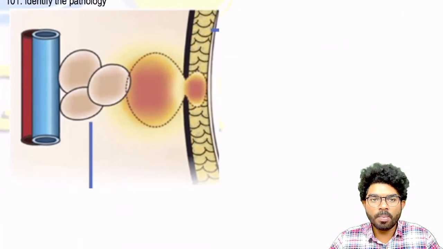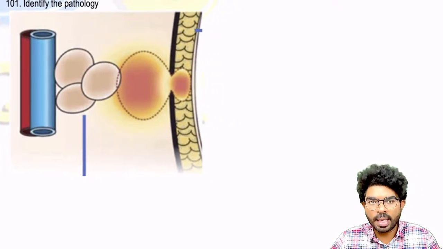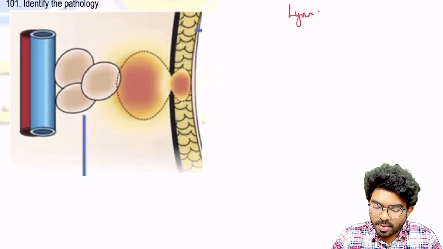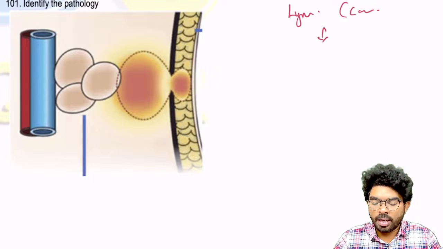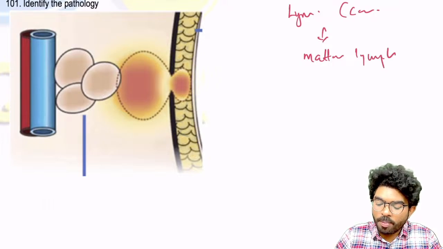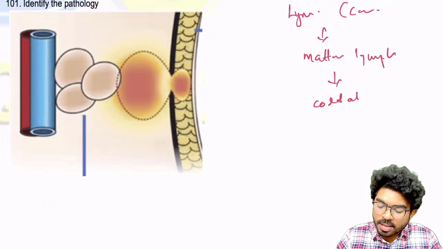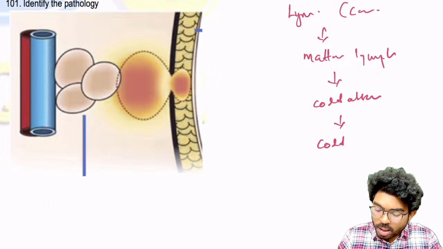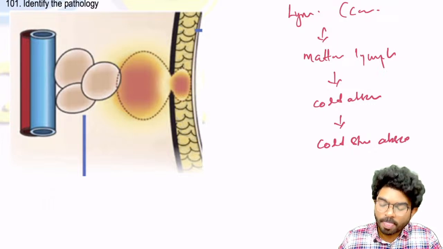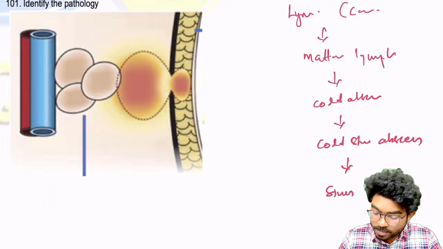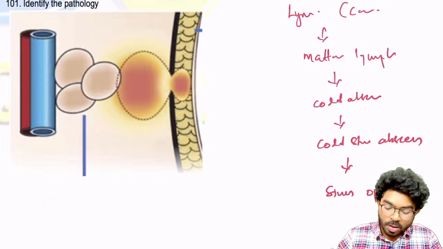Next one, 101. Most of you are familiar. We have already discussed the sequence of events that occurs in TB, which starts initially as lymphadenitis, that is your cervical lymph nodes, followed by matted lymph nodes, followed by the cold abscess, followed by the cold abscess breaking down, which is called collar-stud abscess, and it is going to open up with a sinus opening.